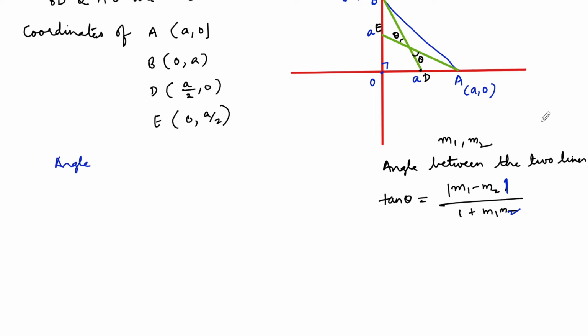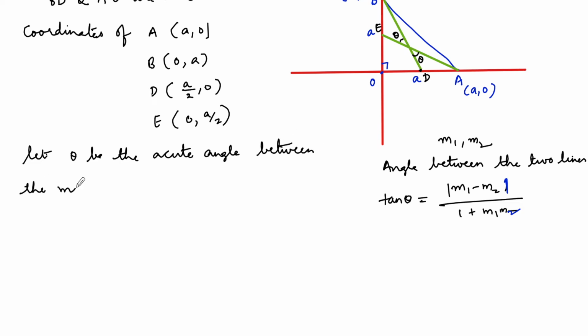Let theta be the acute angle between the medians BD and AE. So let us find the slope.